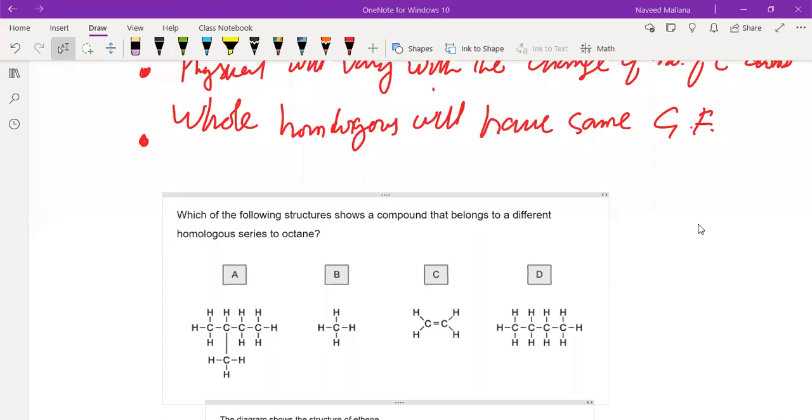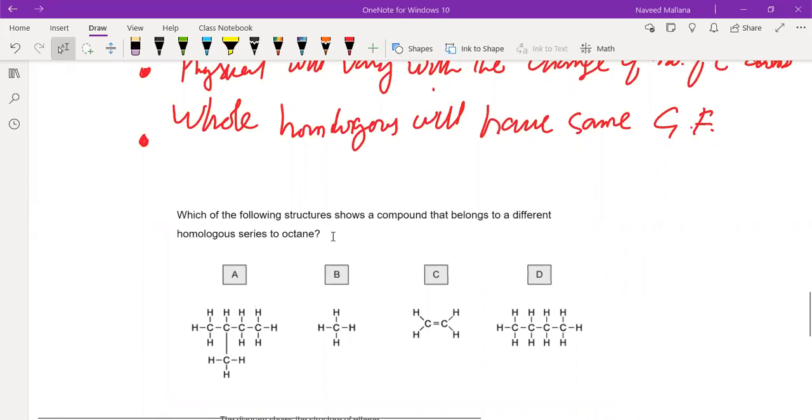Question number 1, which of the following structures shows a compound that belongs to a different homologous series? In this compound, we are having a look, every carbon is singly bonded to other carbon.